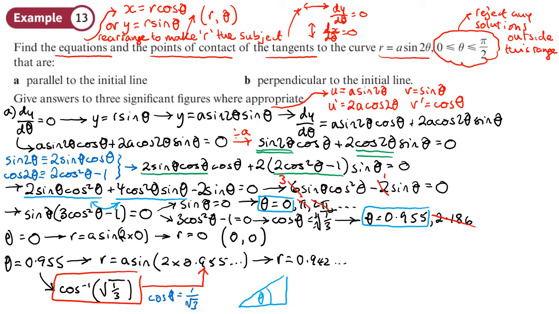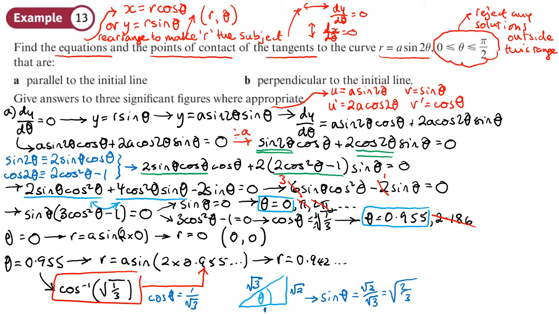So if we use this right angle triangle, it means that the adjacent is 1, the hypotenuse is root 3, which means this side here is root 2. So here we can get an exact value for sine theta. So sine theta, its exact value would be root 2 over root 3, or root 2/3.